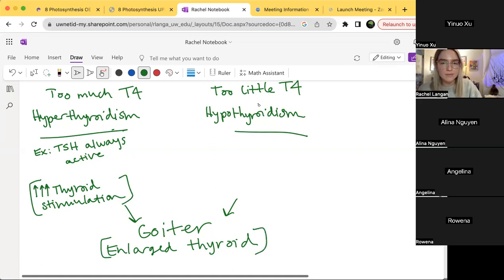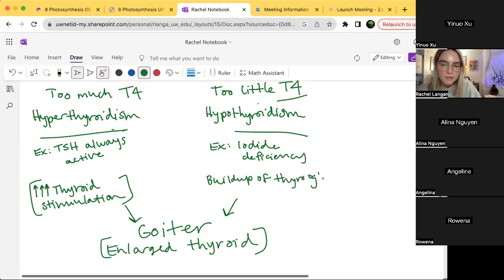Okay, you can also have too little thyroxine causing goiter. And an example of that would be iodide deficiency. What happens there is you have a buildup of thyroglobulin.